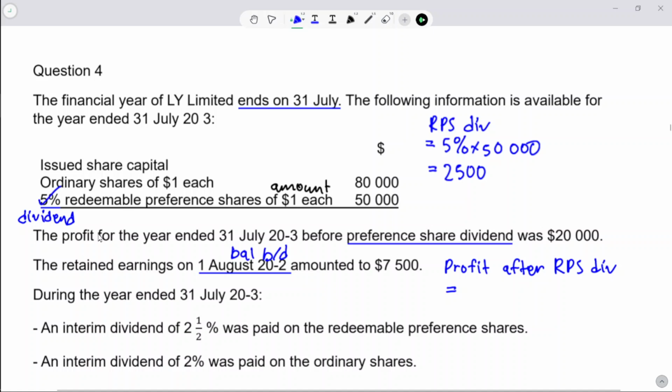The profit for the year before that is 20k. Then we include the dividend, which will reduce the profit by 2,500, so we get 17,500.